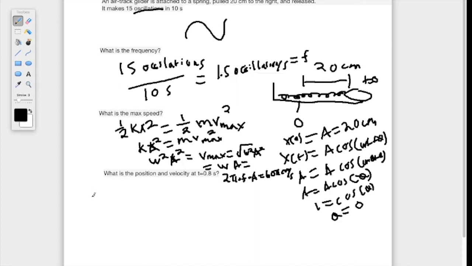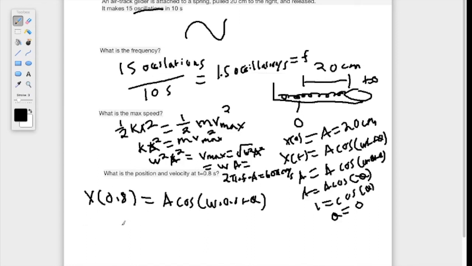So the reason why I brought up the phase constant is because it's going to be useful in this problem. So we're going to use the equation x of 0.8 equals the amplitude times cosine of omega times 0.8 plus phi.